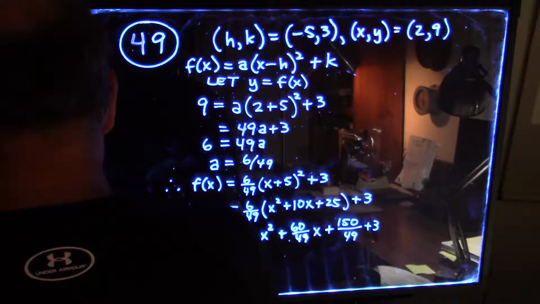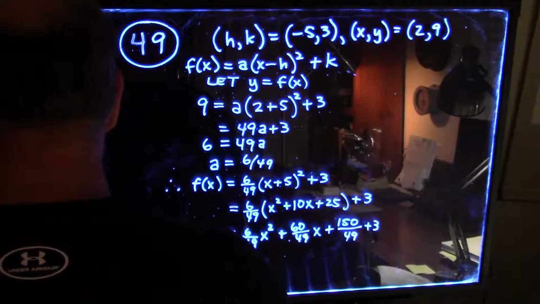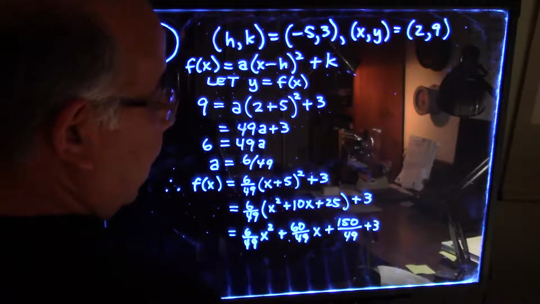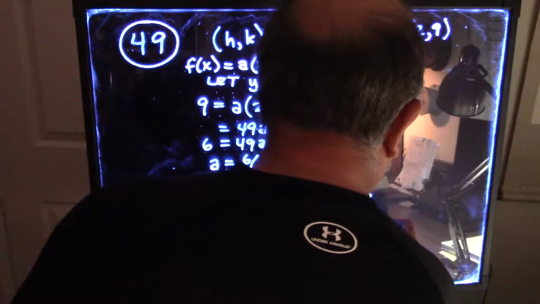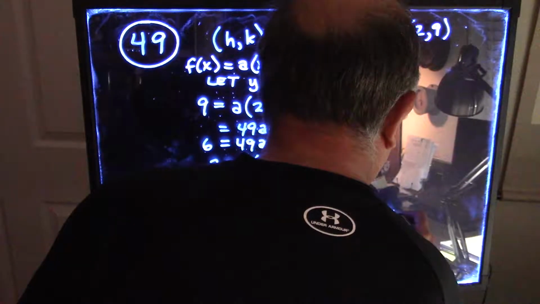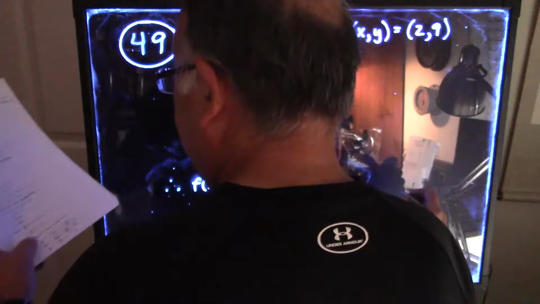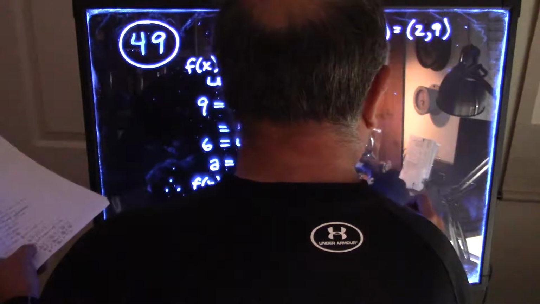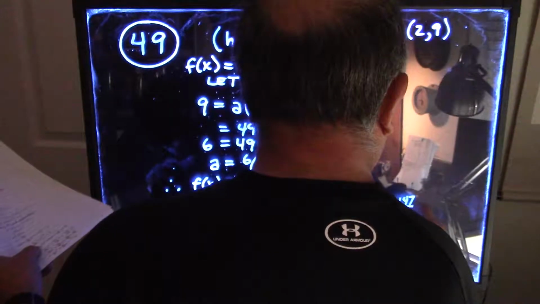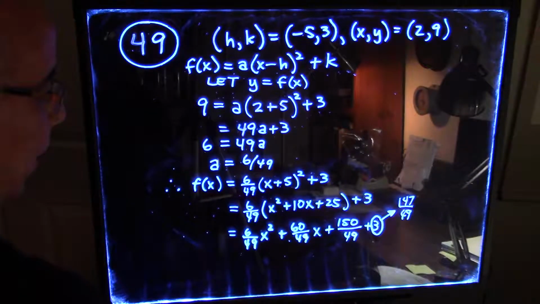Now, if you multiply 3 by 49 over 49, you get 147/49. Instead of rewriting this whole line again, I'll just point an arrow to what it equals with a common denominator. That's 147/49. Again, you multiply 3 by 49 over 49 to get that.